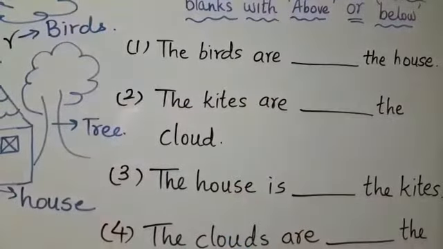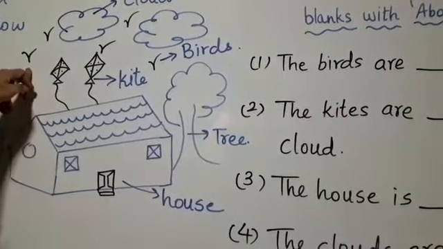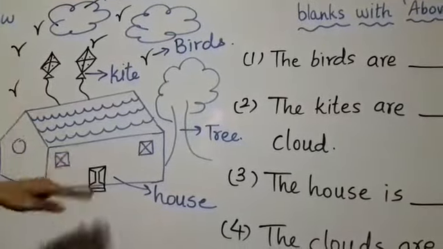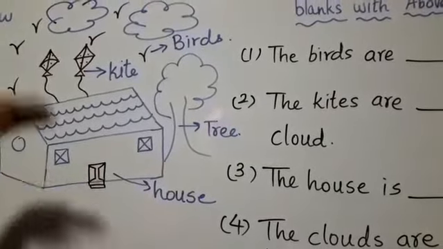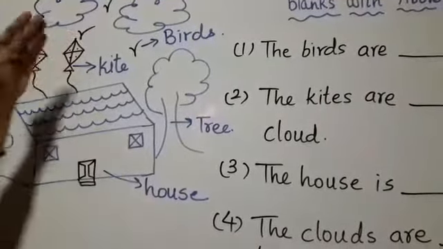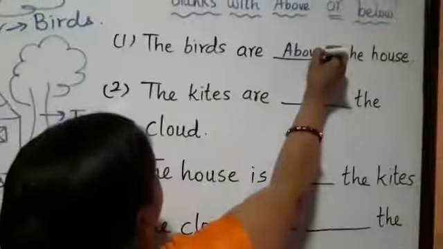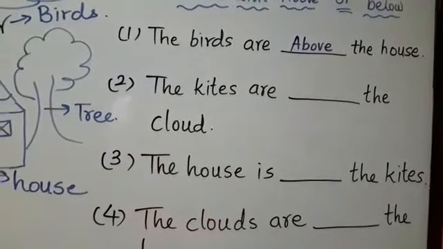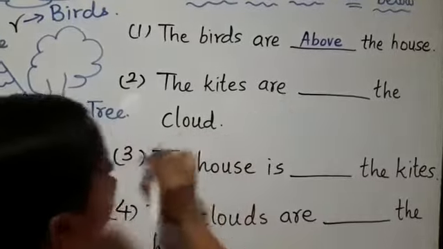Where are the birds? Yes, these are the birds. And they are dash the house. Here it means above the house or below the house. Yes, it is upper side of the house, so we will write above. So write here above.